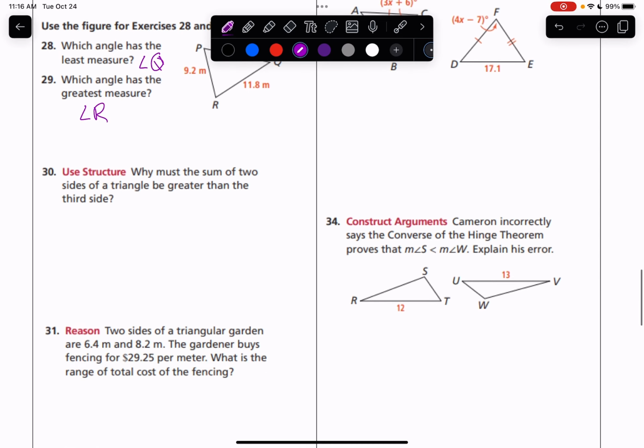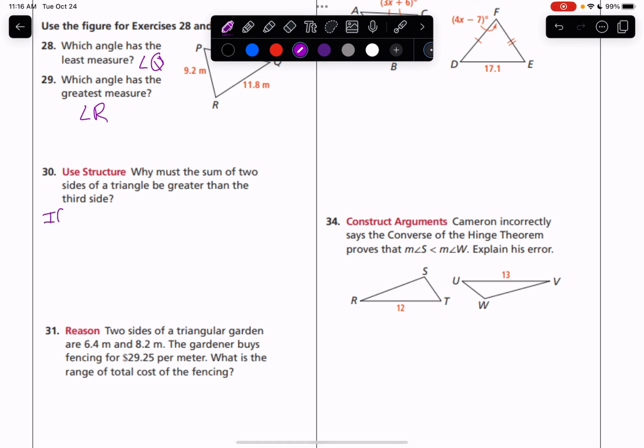Why must the sum of two sides of a triangle be greater than the third side? This is going to take some writing. You can explain it in a lot of other words that you would like. Maybe what I would say is if the sum is not greater, then the sides, when we think of our popsicle sticks, would sort of collapse down and not meet at all three vertices.